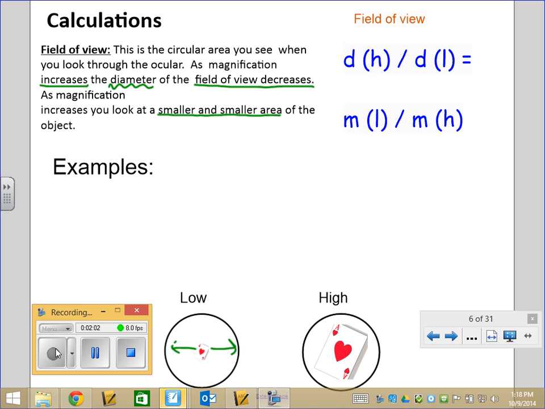And as I zoom into high power, I can still see the whole card, but now I can only see a very small amount of space on either side. So on high power, it's like I can only see that part that I circled there. So the idea is that as you change magnification and make it higher, you look at less and less and less space.